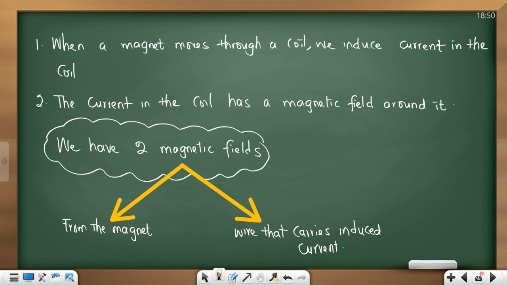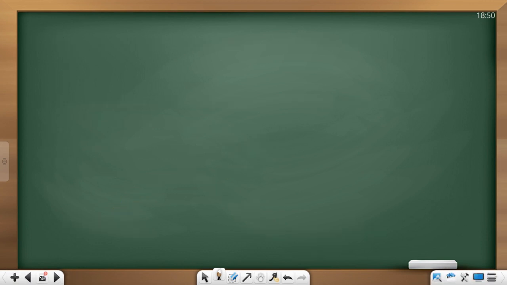Beautiful. Now, let's try to get the direction. In getting the direction, there are two things I am going to show you.